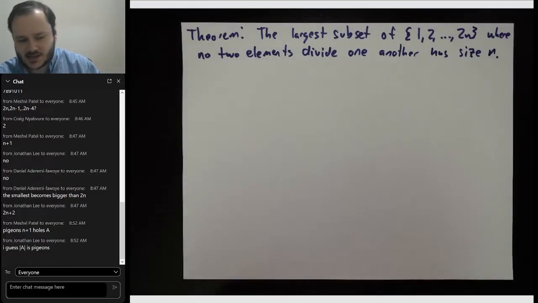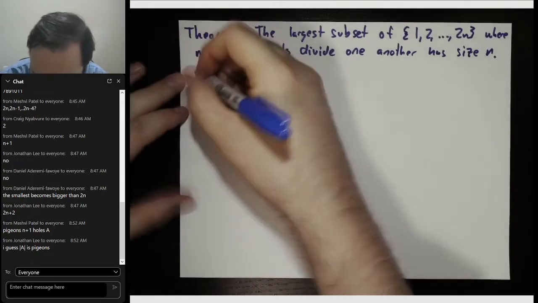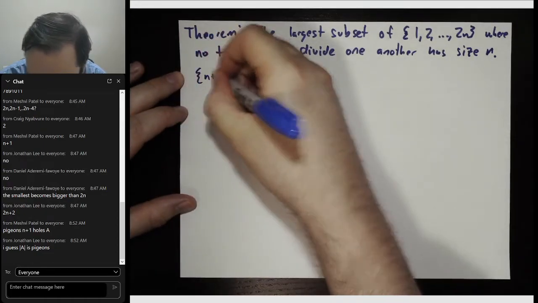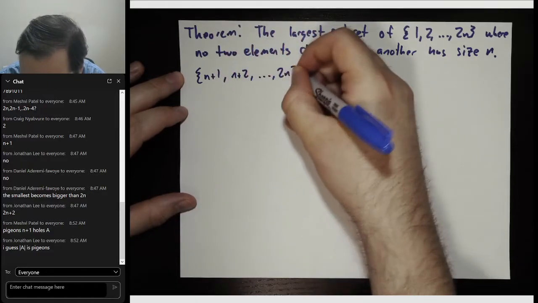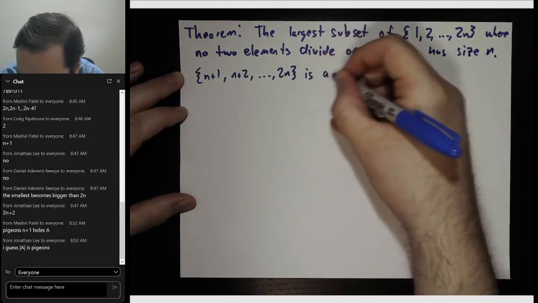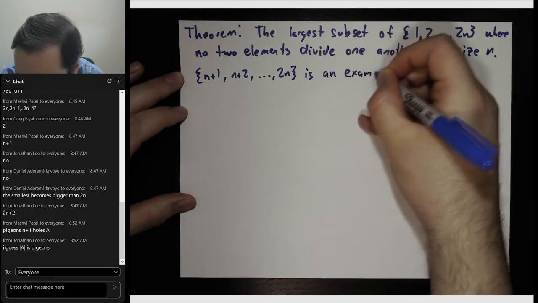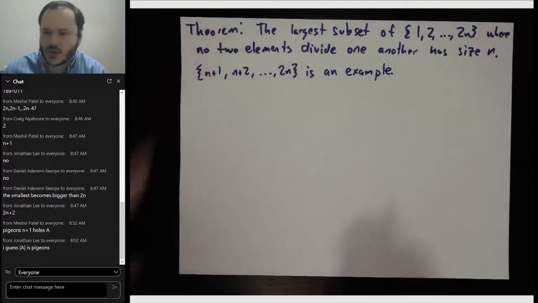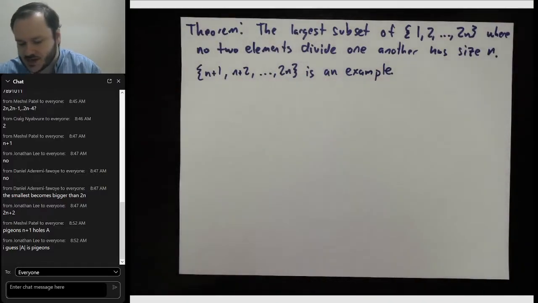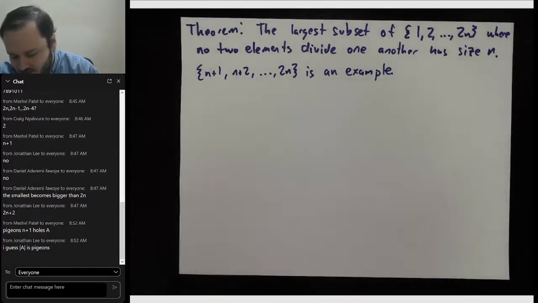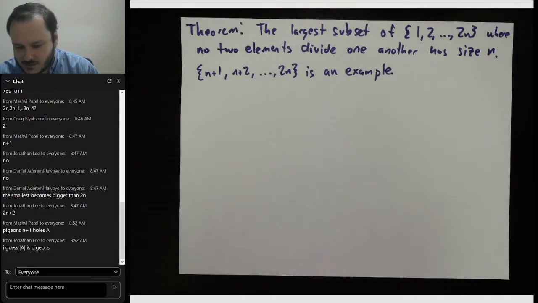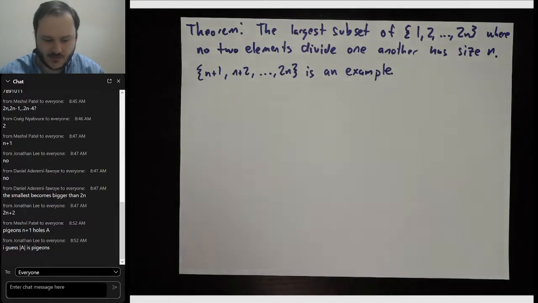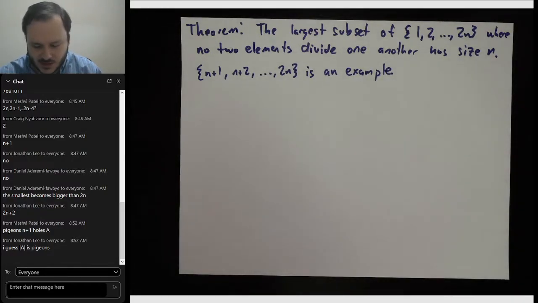We know it has size at least n because we can pick n plus 1, n plus 2, all the way up to 2n. That's always an example that works. And the pigeonhole principle says you can never beat n. If you have n plus 1 elements, that's too many. You're going to have some pair that divides one another.